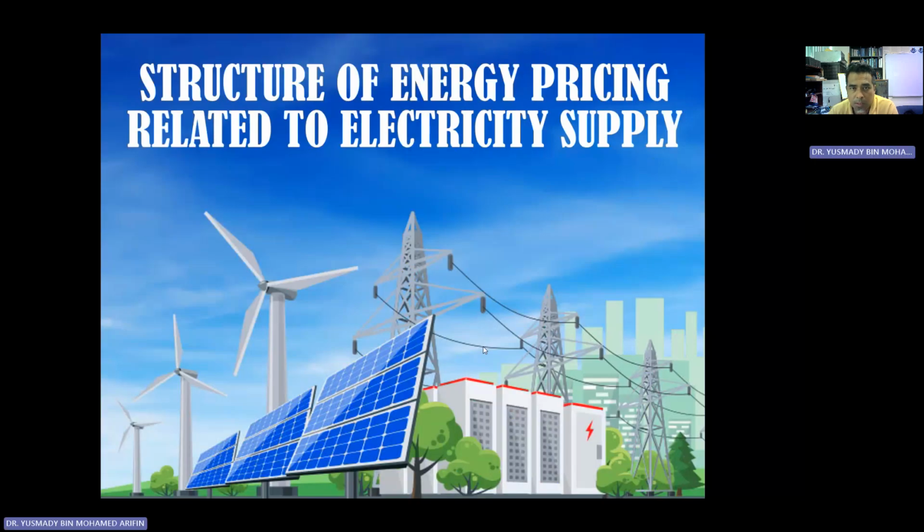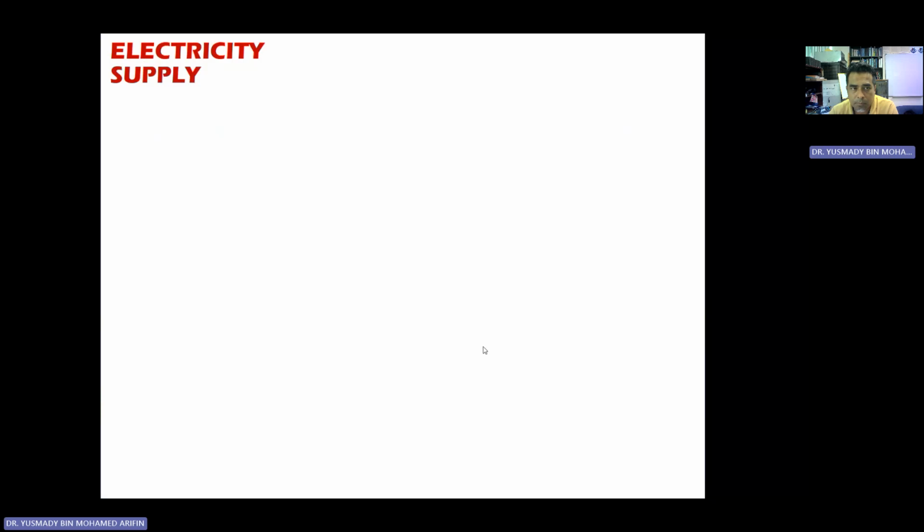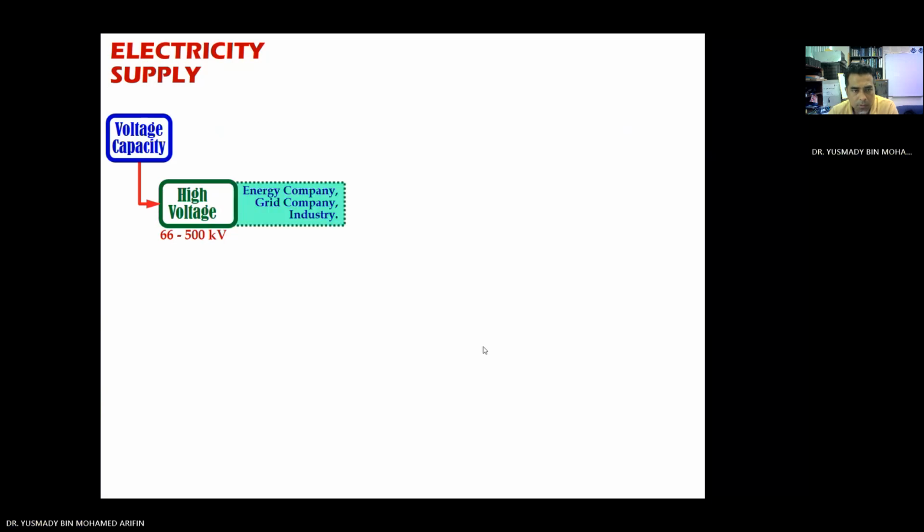The structure of energy pricing related to electricity supply. In terms of voltage, we have three categories of voltage capacity. We have high voltage, with values between 66 and 500 kilovolt, normally used by energy companies, grid companies, and also industry, normally heavy industry.